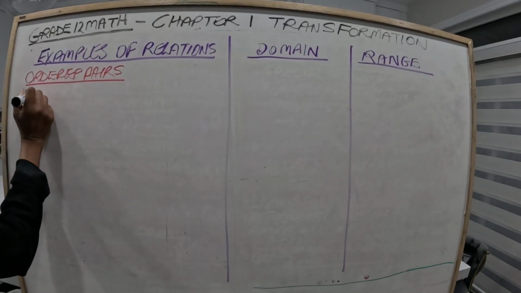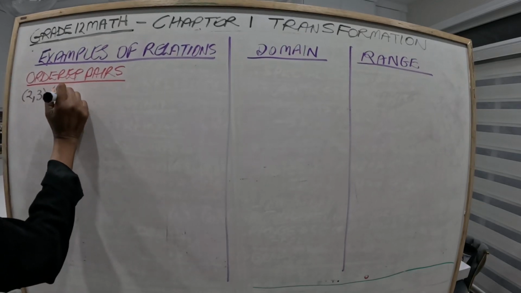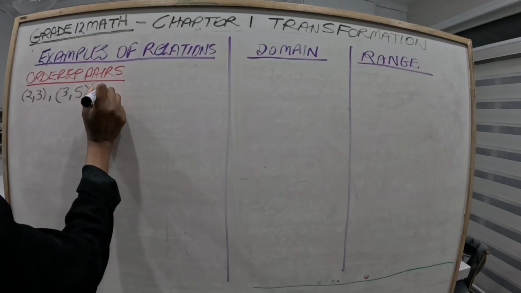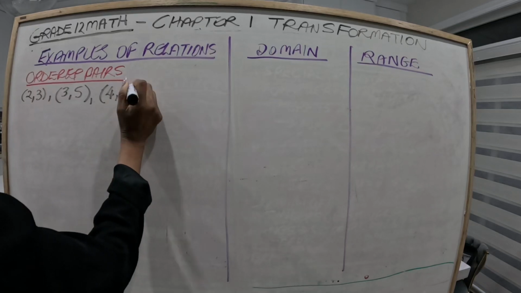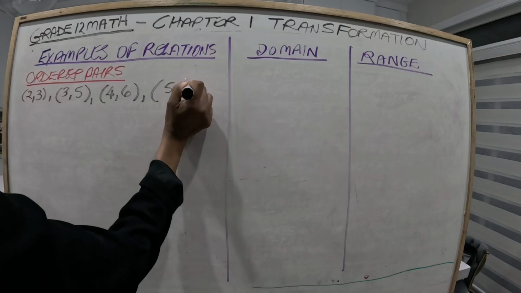So 2 and 3, 3 and 5, 4 and 6, and then we have 5 and 8.